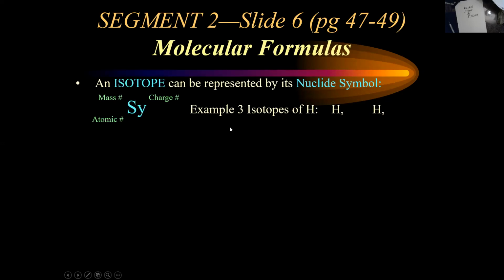And I've mentioned these 3 isotopes of hydrogen already. This is the isotopic symbol for the 3 isotopes. This is the hydrogen that you're normally going to find in the laboratory. This one is called heavy hydrogen, and you can make water out of it, and we have a very useful part of it.